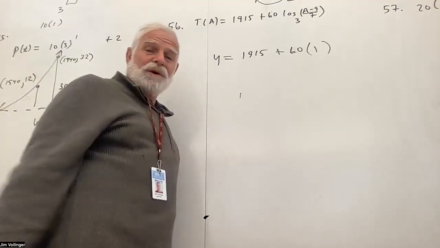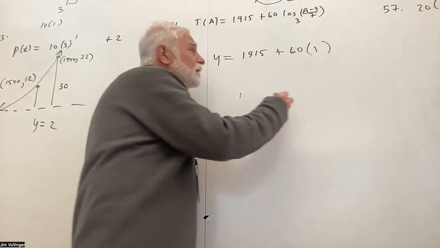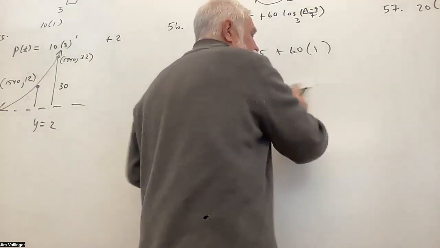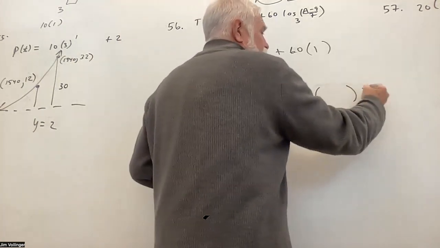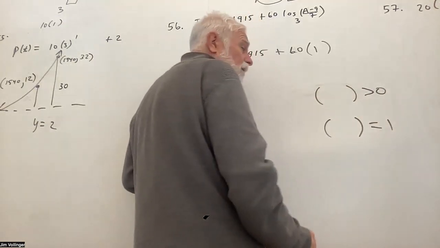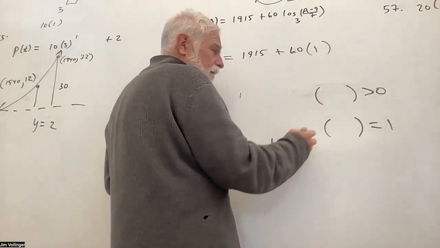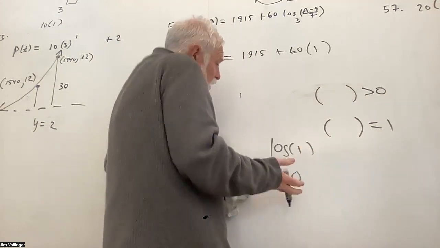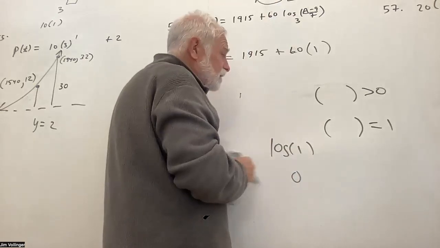I guess there's got to be corn in the cornfield. So I guess the parentheses of a log has to be greater than 0. The parentheses would be nice if it was a 1, because I know that. I don't care what the base is. Log 1 is a 0. 0 times anything is real easy.